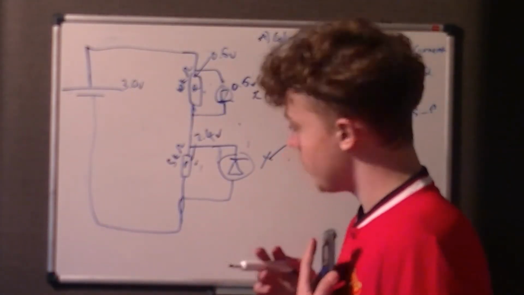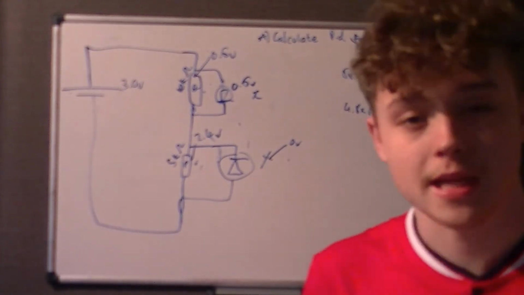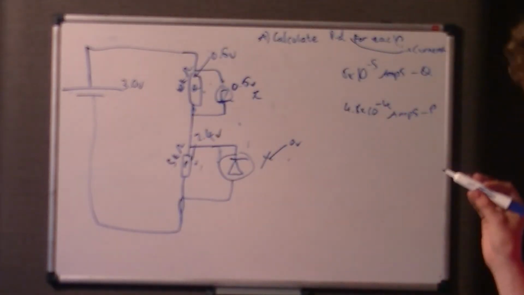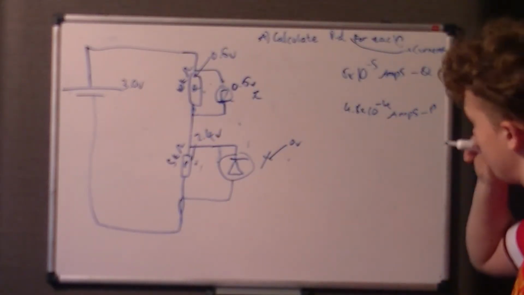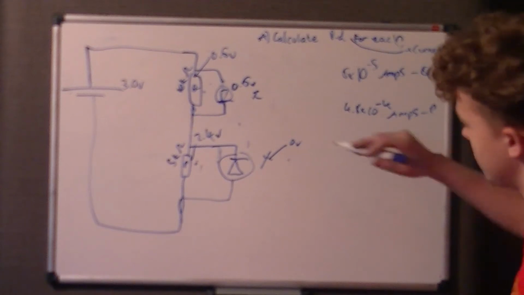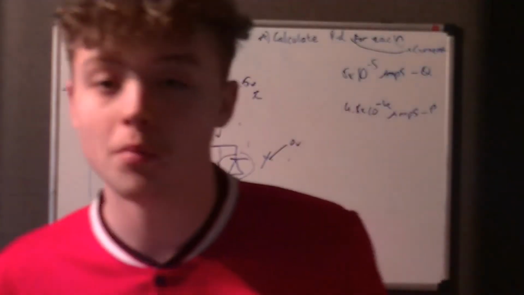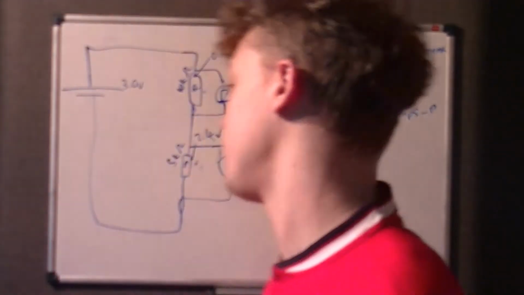So I'm going to leave PD, I'm just calculating current so we can work out PD later with V equals IR. So we've got these two values here. Now, as I said, I'm just going to create a formula in terms of current for the circuit.